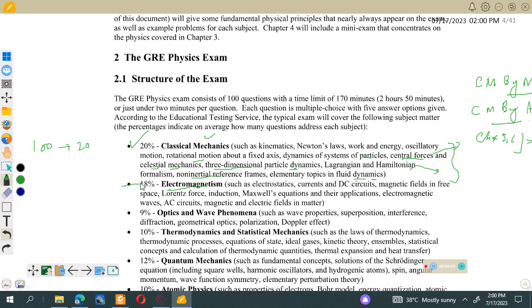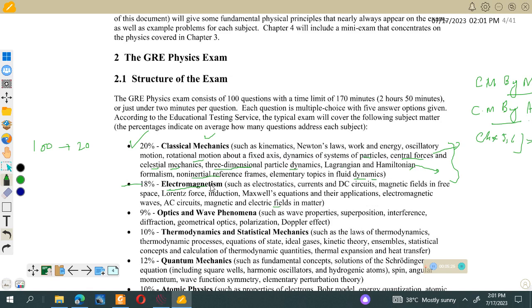You can see on the screen that its percentage is 18%. In this we have electrostatics, current and DC circuits, magnetic field in space, Lorentz force, Maxwell equations and their applications, electromagnetic waves, AC circuits, magnetic and electric fields in matter, like the Maxwell equations in matter and in free space.